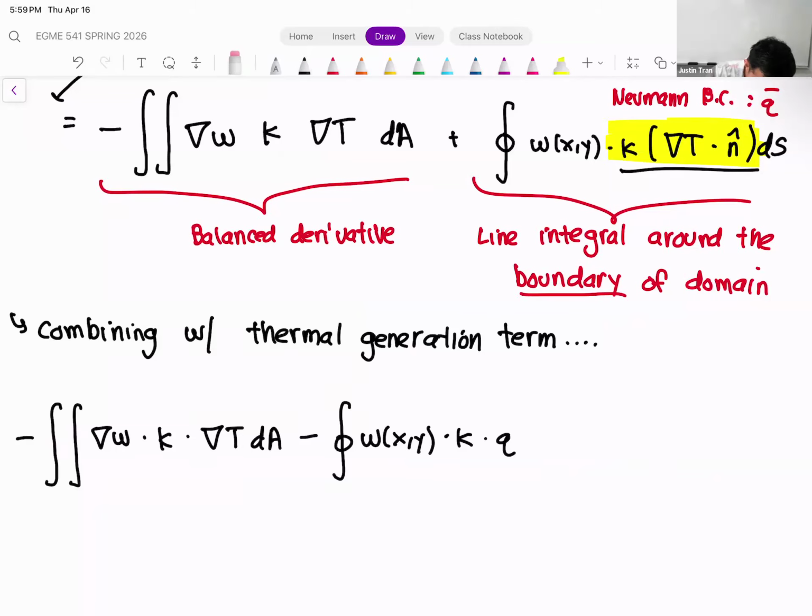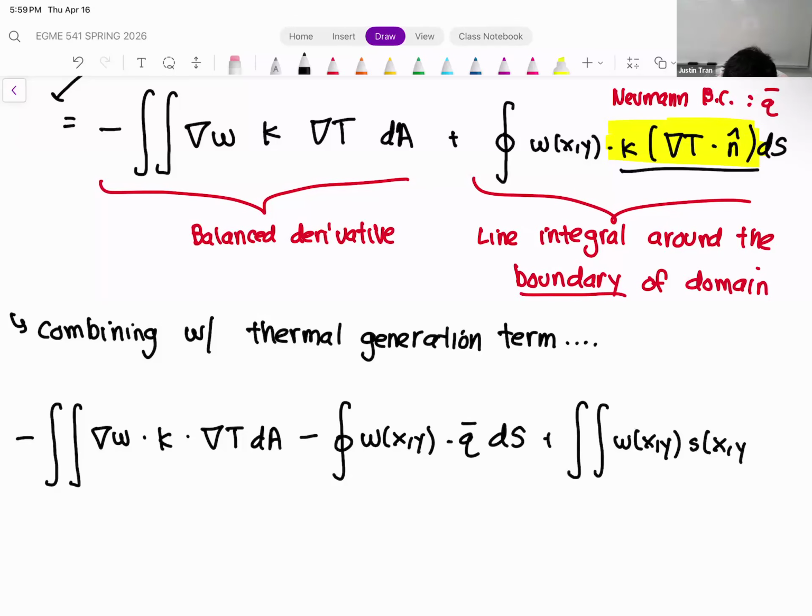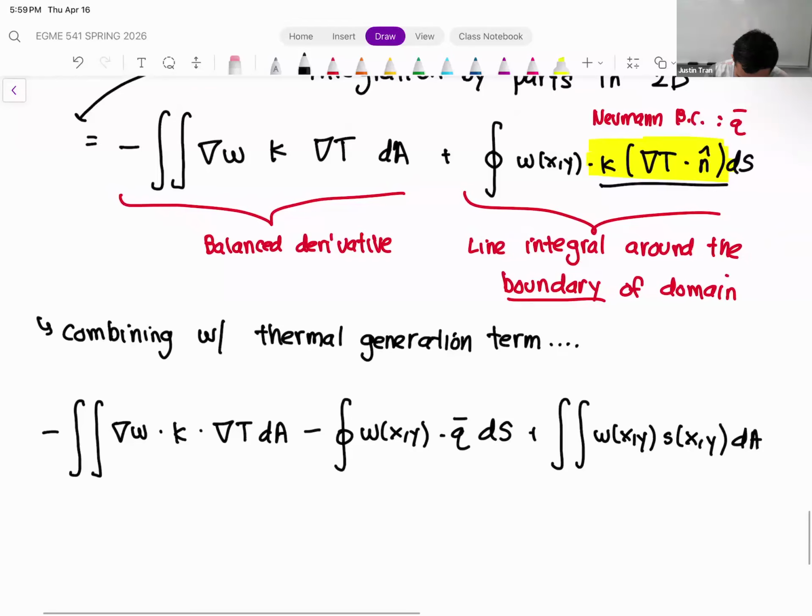Oh, sorry, the q bar takes the place of k times gradient of T dot n as well. W q bar ds, plus our thermal generation terms. We have a double integral w of x and y, s of x and y, dA, and all this is equal to 0.